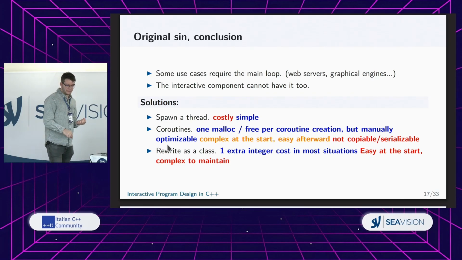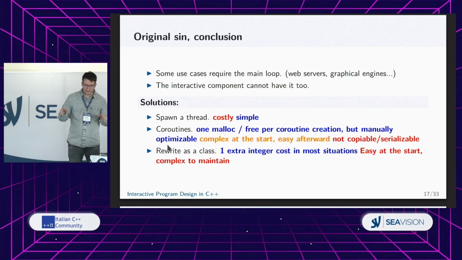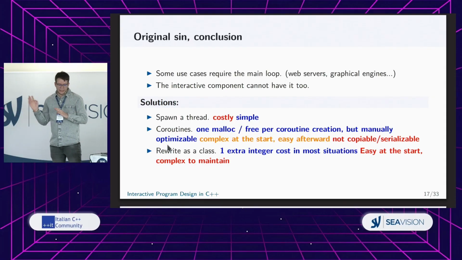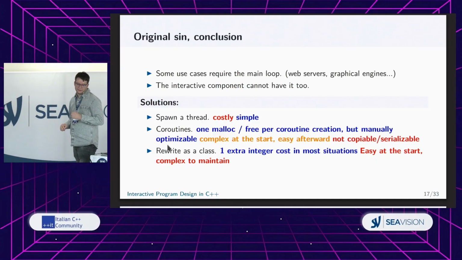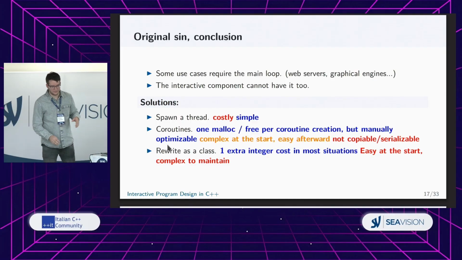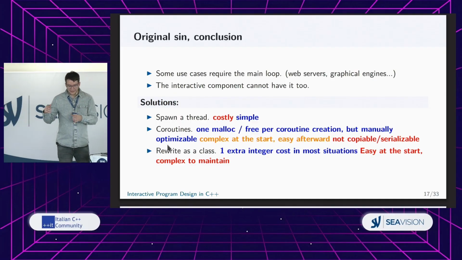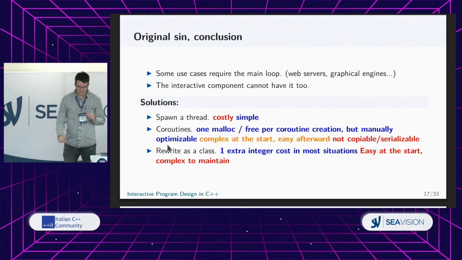You can use coroutines, which take 1 malloc and 3 per coroutine creation, which can be manually avoided. You can do some shenanigans to remove it. And they are complex at the start, but once someone else sets them up for you, because you don't want to do it yourself, they are fairly easy to use afterward. But they are not copyable or serializable.